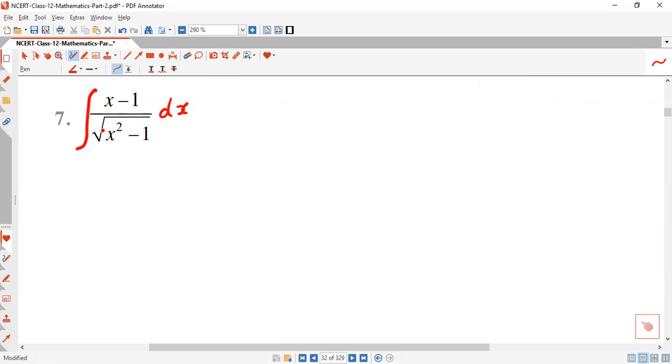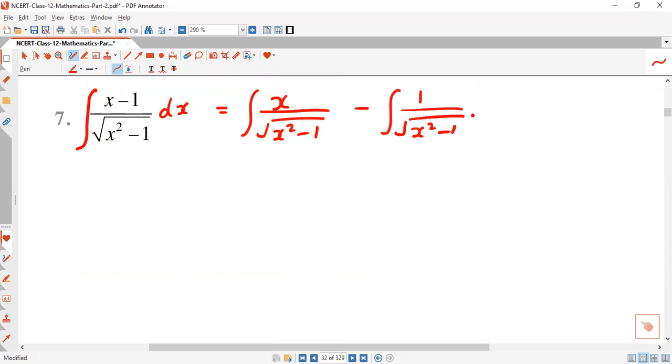So now we will separate these two terms: the integration of x upon under root x square minus 1, minus the second part, 1 upon under root of x square minus 1. The first has x dx and the second has dx. The second part is a direct formula, no doubt, and for the first part we have two integrations.